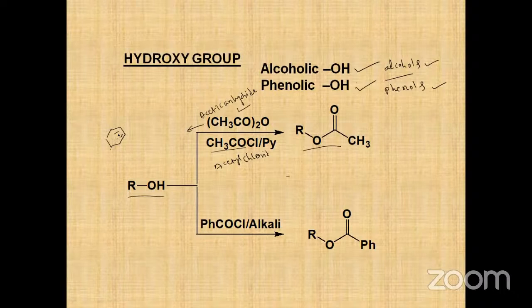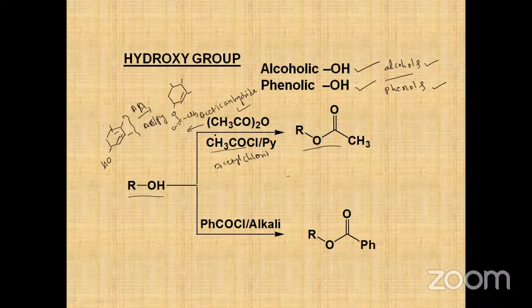It is in the form of a ring. It is treated with acetic anhydride or acetyl chloride in pyridine. That leads to the formation of an ester. This OH is reacting with C double bond O, CH.